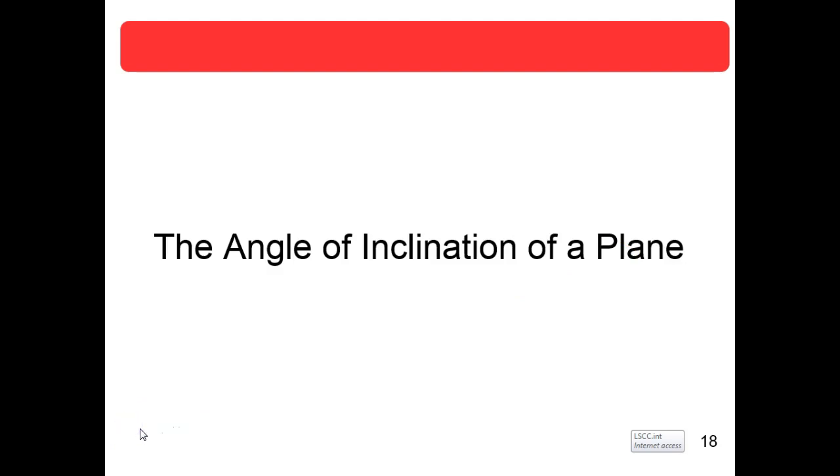All right, continuing in 13.7, we're now going to talk about the angle of inclination of a plane. Dr. Allen, good question. Sure. Do you want to get our test today or Wednesday? Let's see. We've only got a couple pages more here, and then we've got extrema of two variables for 13.8. I think it's probably going to be Wednesday, because I'm not sure we're going to get through all of that, and we've got a little over an hour left, hour and 15 minutes or something like that.